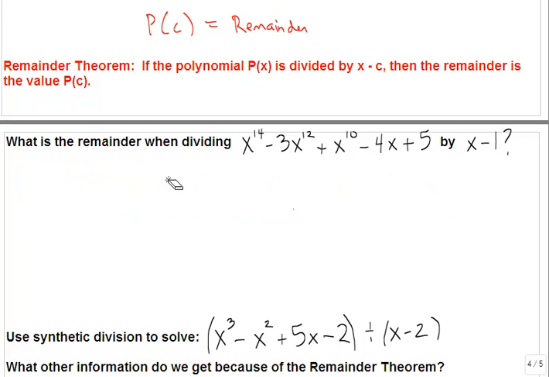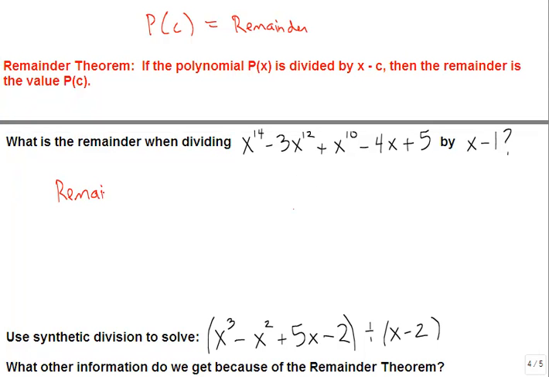Instead of doing all of that work, what the remainder theorem says is that the remainder is just going to be the value of this polynomial with 1 plugged in. And where does the 1 come from? It's wherever this divisor would equal 0.